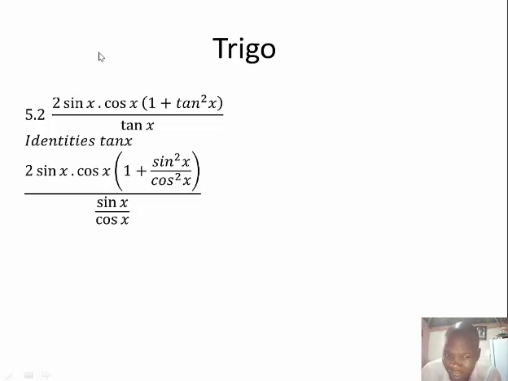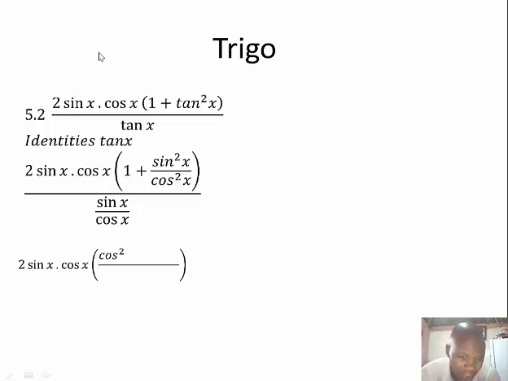Now you need to at least have your expression in a straight line format. So now you rewrite the 2 sine x by cos x, and you resolve whatever is in the bracket. To resolve that, what is your lowest common denominator? Remember, you use the lowest common denominator if you have such. So your lowest common denominator is cos squared x and 1.